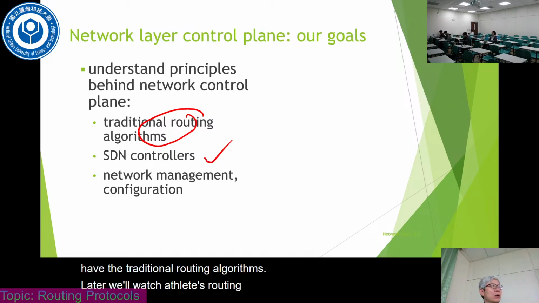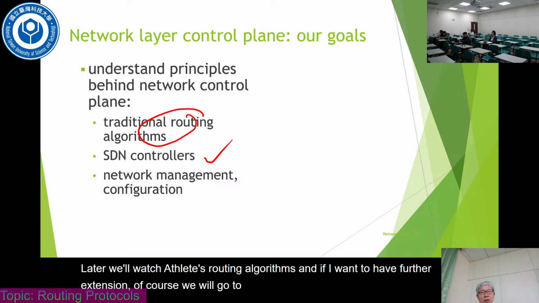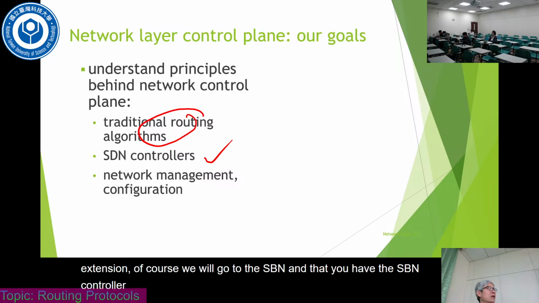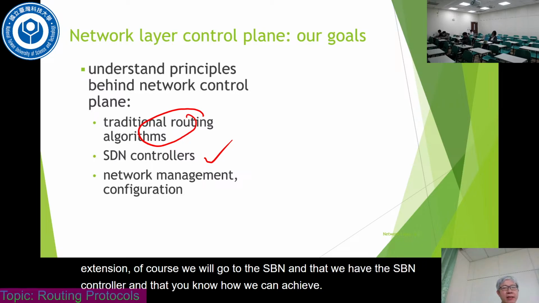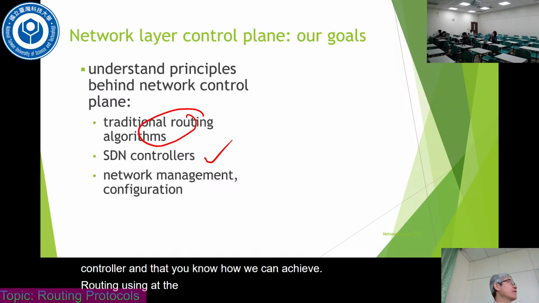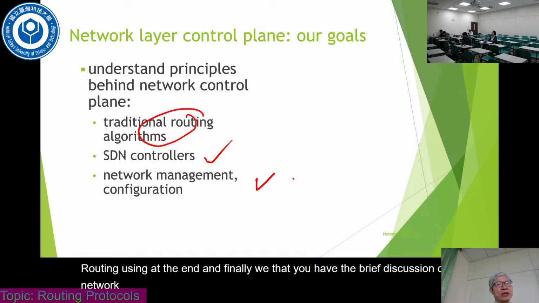And if we want the extension, of course, we will go to SDN and the SDN controller, and how we can achieve routing using SDN. And finally, we have a brief discussion on network management and network configuration.